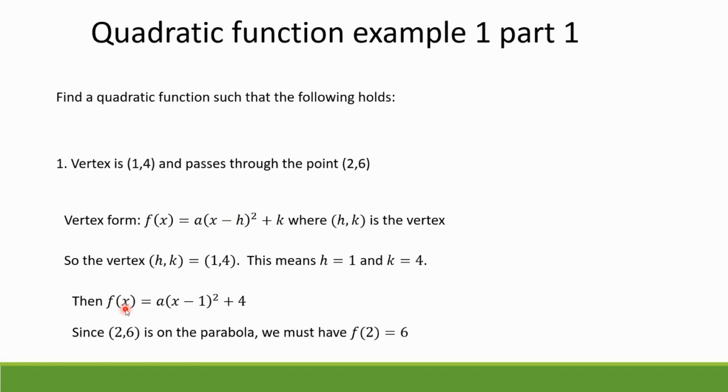So if x is 2, f of 2 must be 6, as I wrote down here. Again, since the parabola passes through this point, meaning this point is on the parabola, we must have this holding. This has to happen.